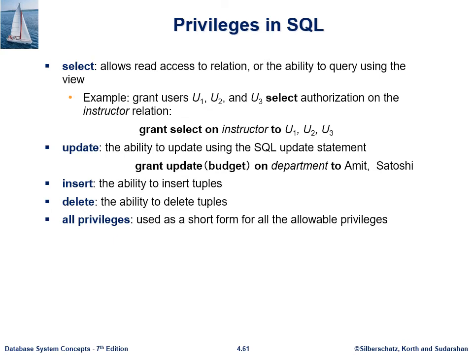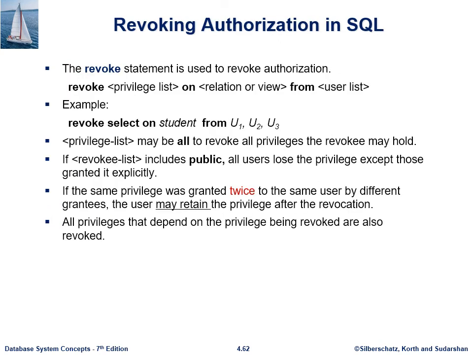And then if you don't want to list all of select, update, insert, delete, you can just use a shorthand called all privileges. That means this will grant all of them to users. Okay. We can grant privilege to users. We can also revoke the privilege from users. In fact, the revoke statement is very similar to the grant statement.